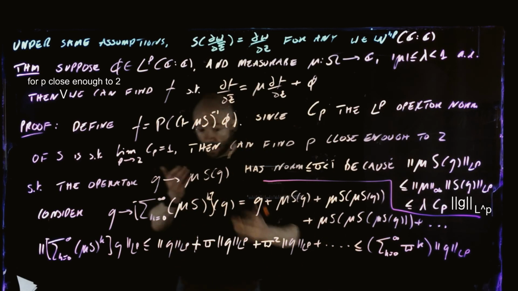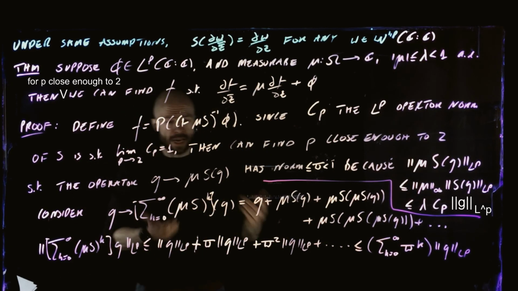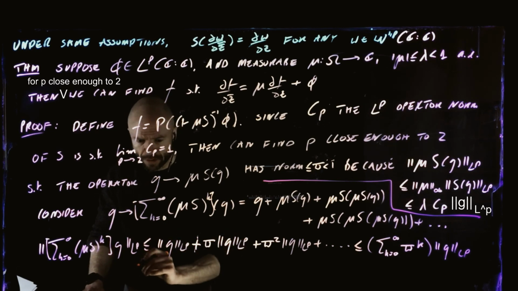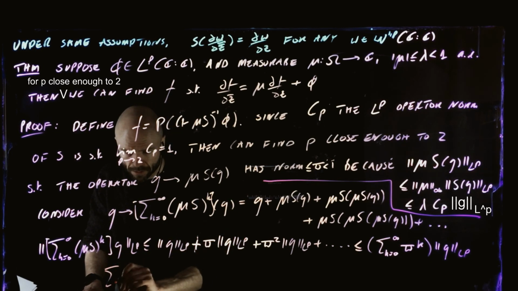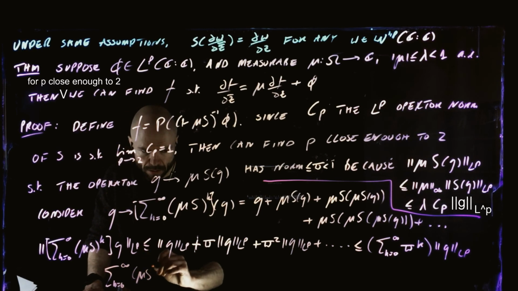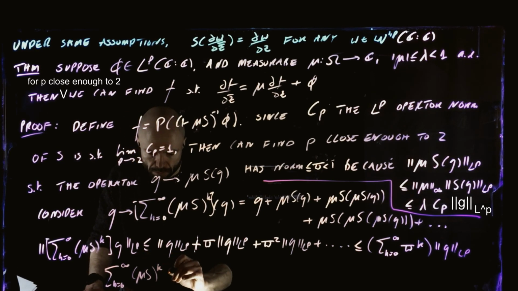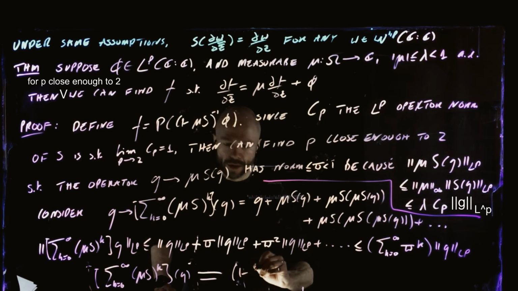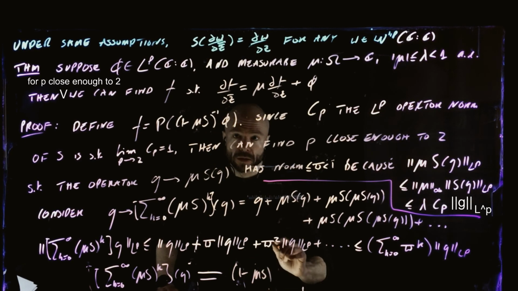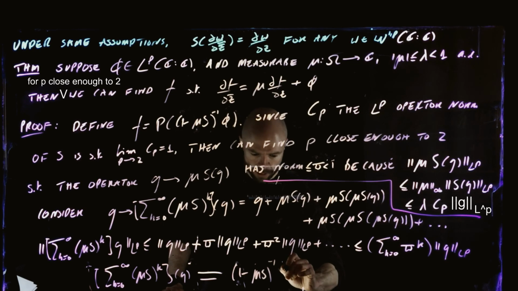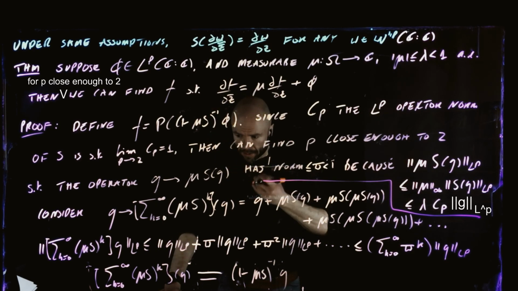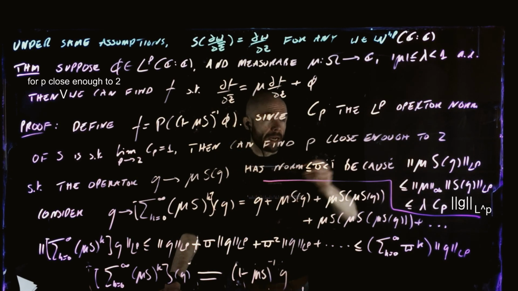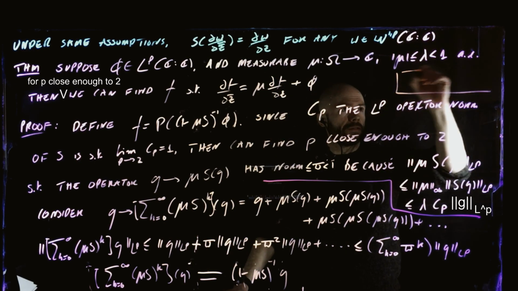Cool. And what's more is that we can think of this operator as being 1 minus mu of S, the inverse, acting on G, just by using this standard geometric series stuff that we know from calculus.